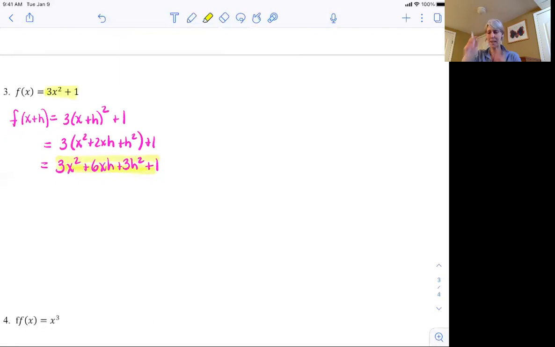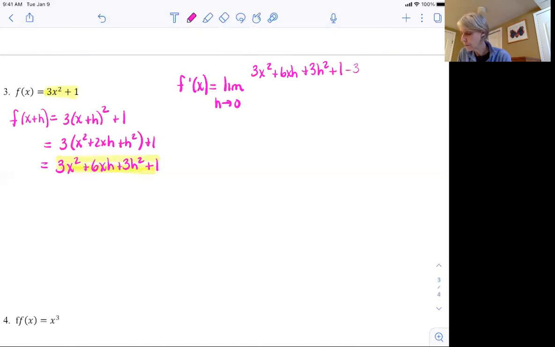Those are the two pieces that have to go in the numerator. f prime of x is going to equal the answer I get when I evaluate this limit. f of x plus h minus f of x, remember, negate each term, all over h.